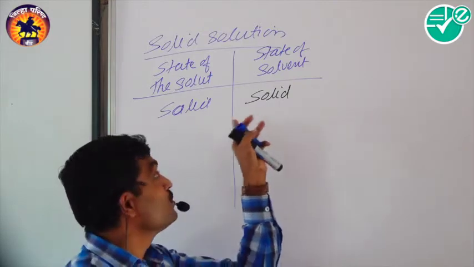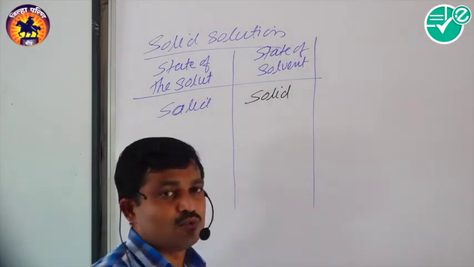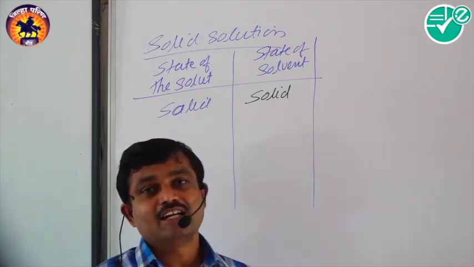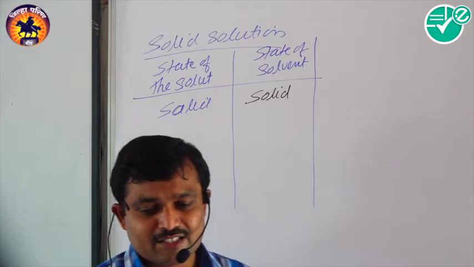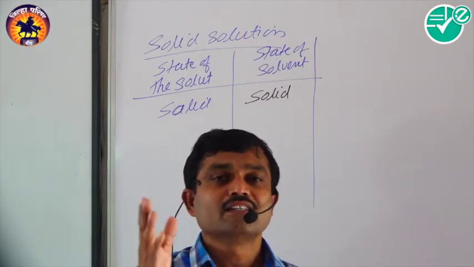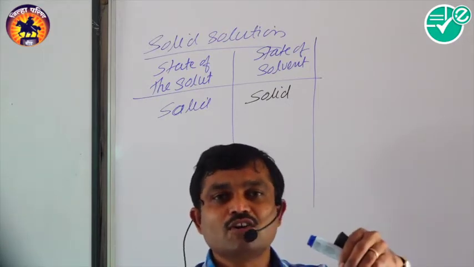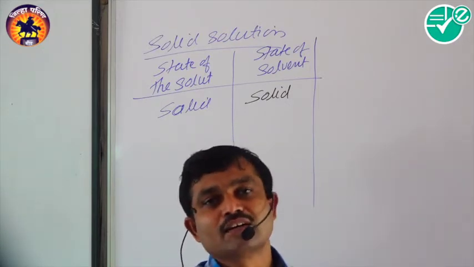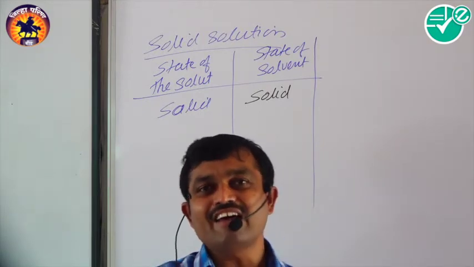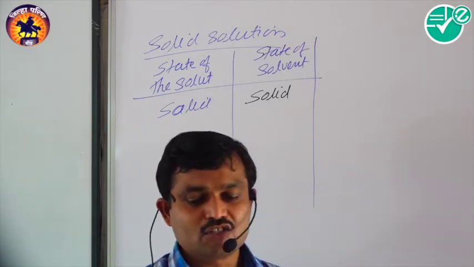Solid in solid. If solid in solid is the solution, then a well-known example is the alloy of various metals, where a smaller proportion of impurity is dissolved in a particular metal having the higher proportion. So an alloy of metals is generally called solid in solid.